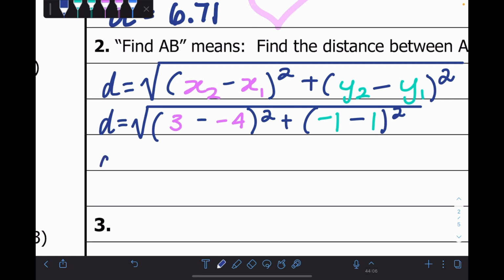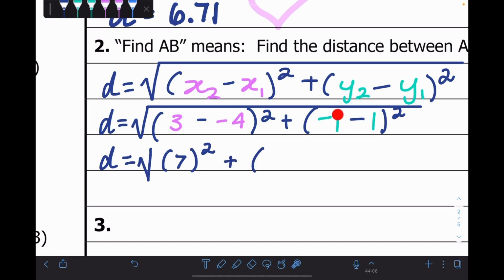So going back to PEMDAS, parentheses says I do my brackets. What's in my brackets first? So I'll do that. Brackets, so 3 minus -4, minus goes to plus, so that's 3 plus 4, which is 7.